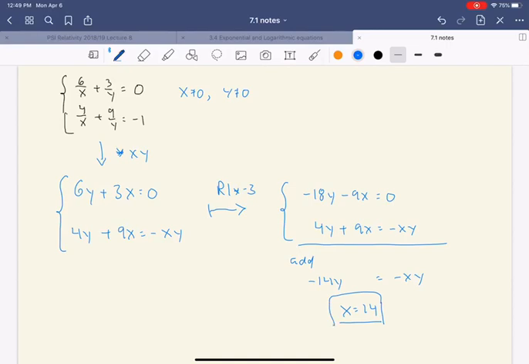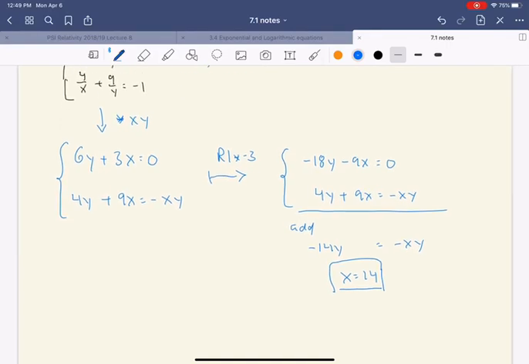Okay. Now I'm going to do the same sort of thing. I'm going to do another elimination here, but I have to balance out the y equation so that they cancel. So what I'm going to do is take row 1 times 2 and row 2 times negative 3.